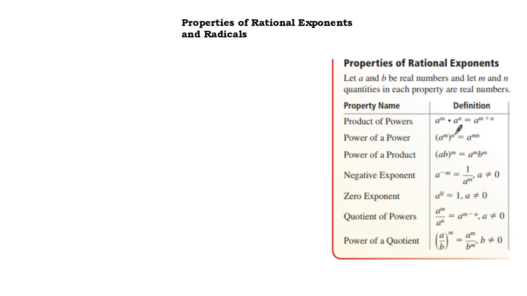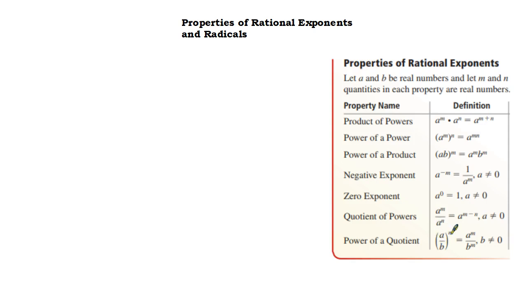If I have a power of a power, then I multiply the exponents. And if I have a power of a product, then I apply that power to all the factors in the product. Negative exponents, zero exponents, quotient of powers, a power divided by a power, as long as the base is the same, I can subtract the exponents.